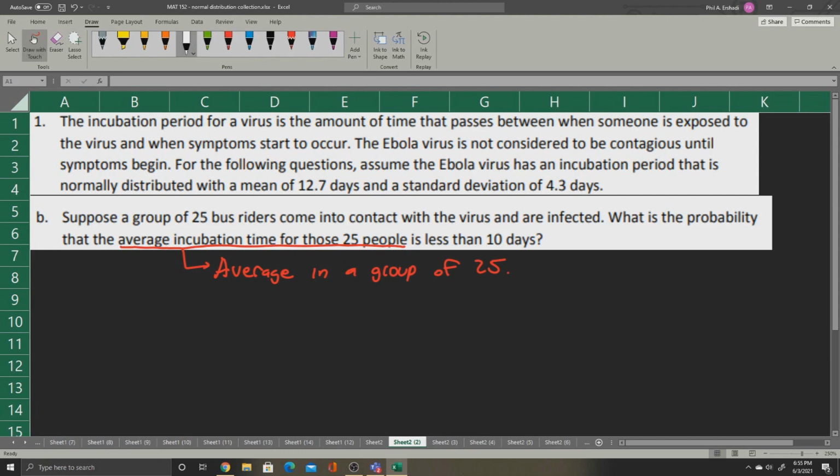To symbolize this, I'll draw a large circle representing the population. Ordinarily, previously we've been asked about individuals, which you can symbolize with these green dots.